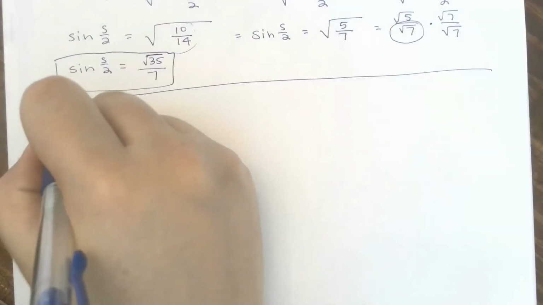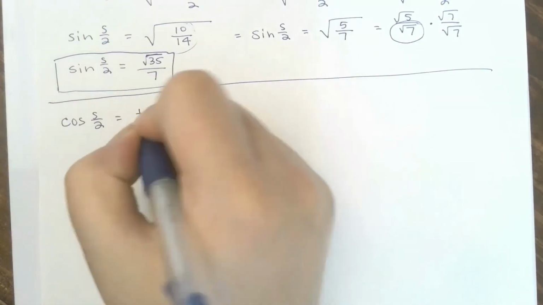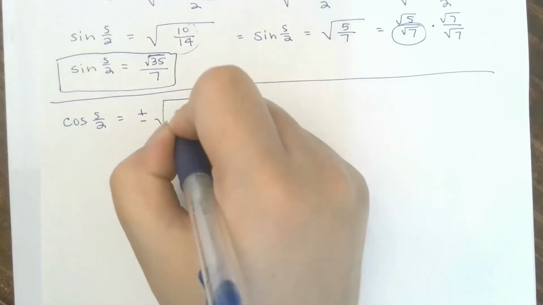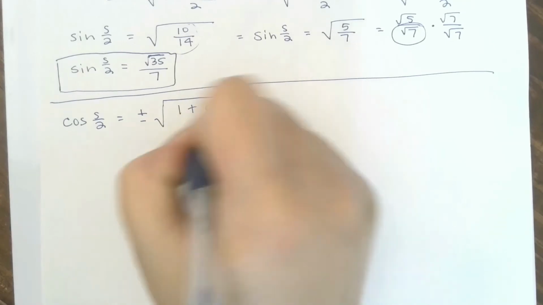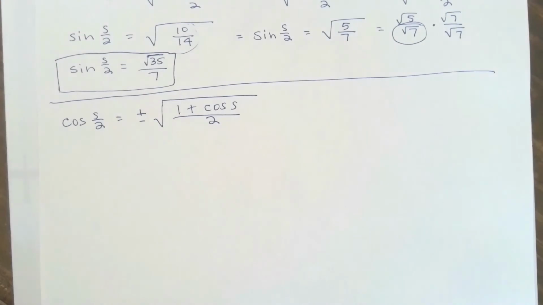Okay, cosine of s over 2 is equal to plus or minus the square root of (1 plus cosine s) over 2. Again, we're still in quadrant 2, and cosine is negative in quadrant 2.